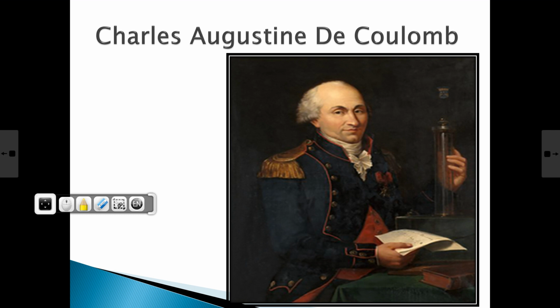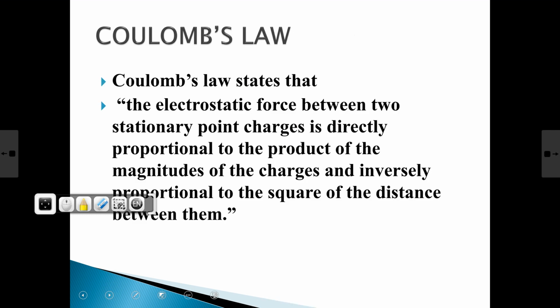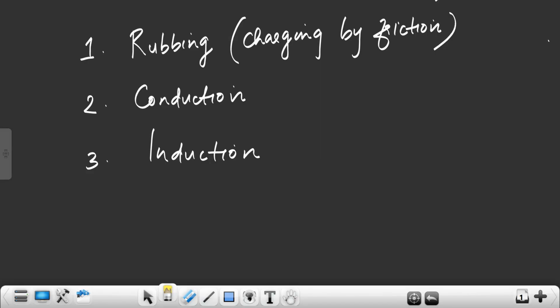Coulomb's law is used to find the amount of force of attraction or repulsion between two charges. Coulomb's law states that the electrostatic force between two stationary point charges is directly proportional to the product of the magnitude of the charges and inversely proportional to the square of the distance between them.